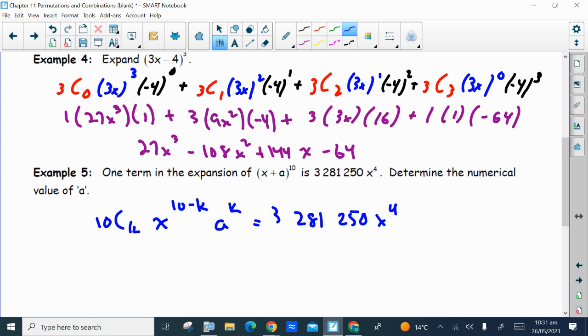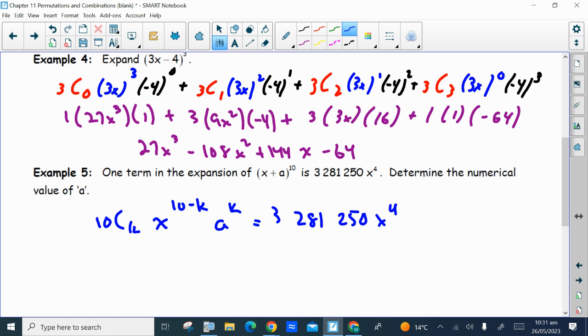So if we look back at the left side, we only have a base of x in one spot, in this middle factor. The power on x here is 10 minus k. We need to find the term where the power on x is 4.